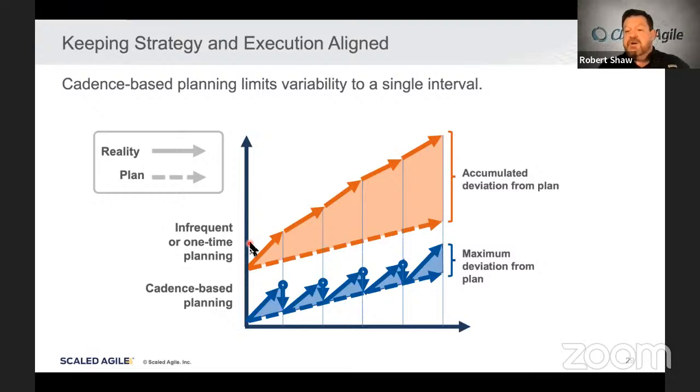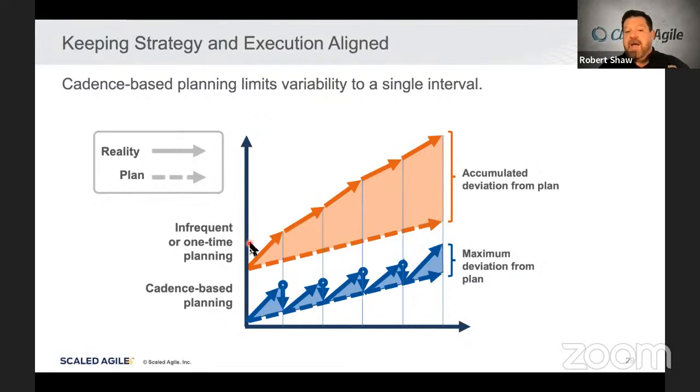SAFe's approach to addressing that organizationally is, no, you need to put a checkpoint, an inspect and adapt point, in there frequently. That lets you course correct back to where you think it's going. That should favor a shorter time frame.